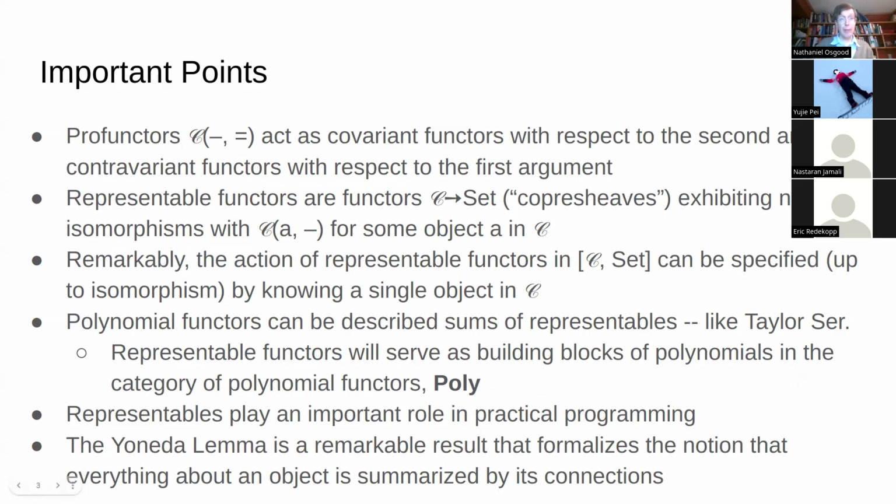And the Yoneda lemma is this profound, deep, but foundational result within category theory that remarkably relates maps between presheaves to maps between C-sets, as it were, to maps between objects.